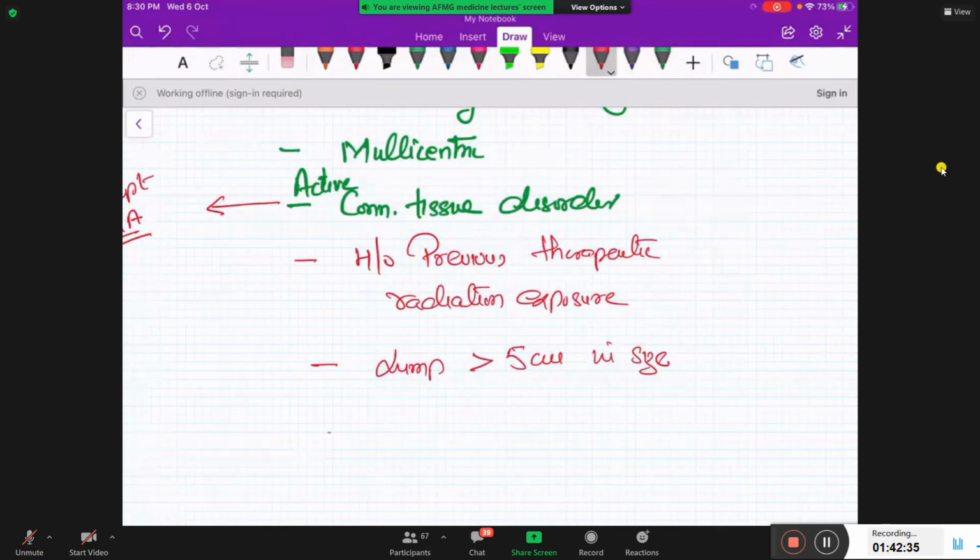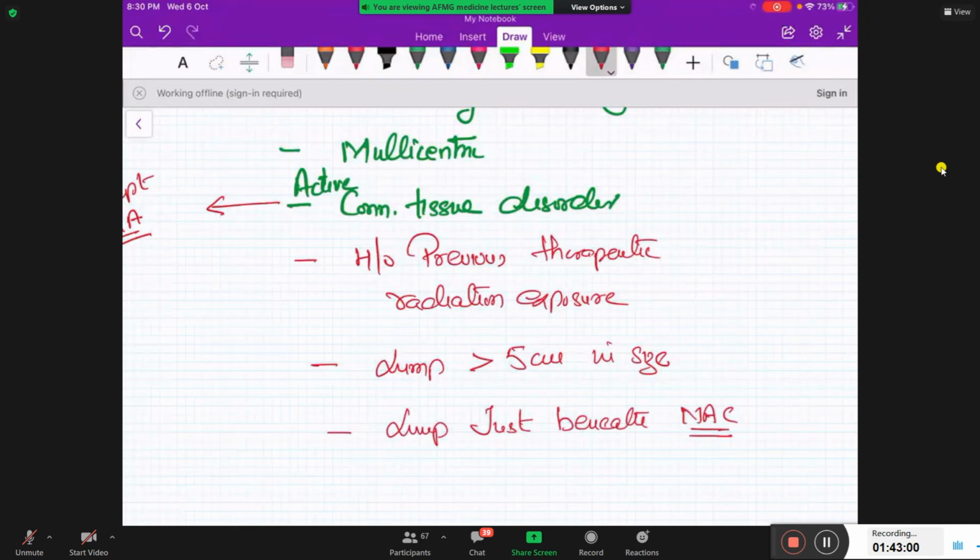Right? Lump more than 5 centimeter in size. Lump just beneath the nipple areola complex. These are the only contraindications of BCT now.